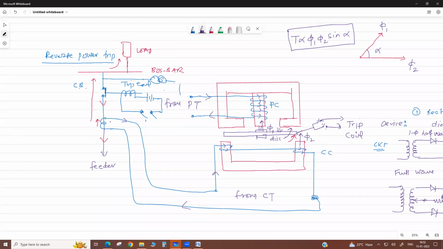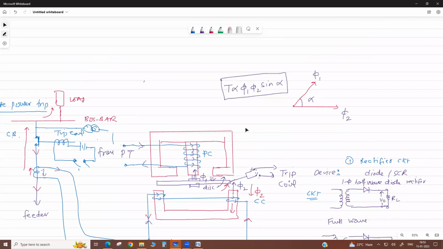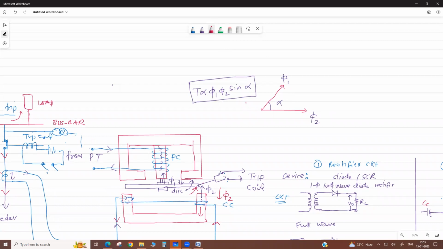Then the induced EMF in the CT is in a different direction due to Lenz law, so it is now reversed. Then the current in this coil changes polarity, and this flux changes. Now a new flux is induced in the downward direction. Due to this, phi 2 becomes in this direction, right?